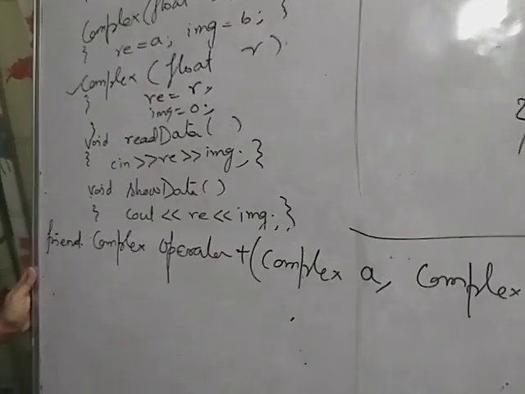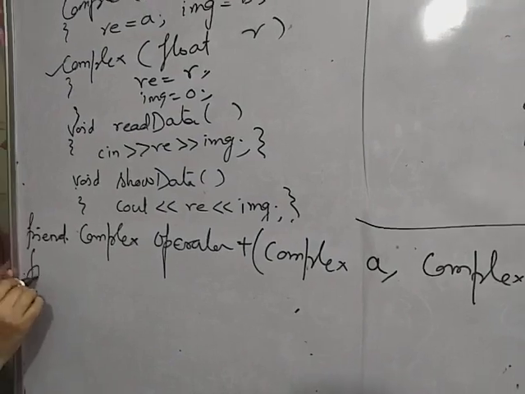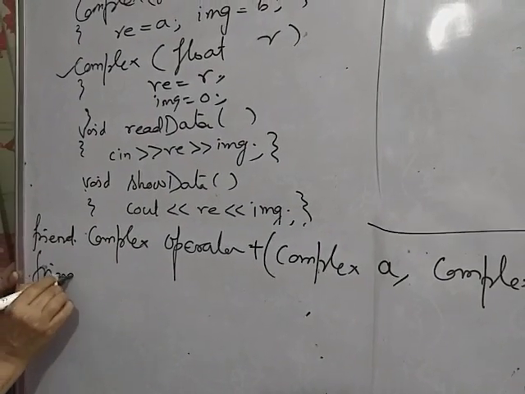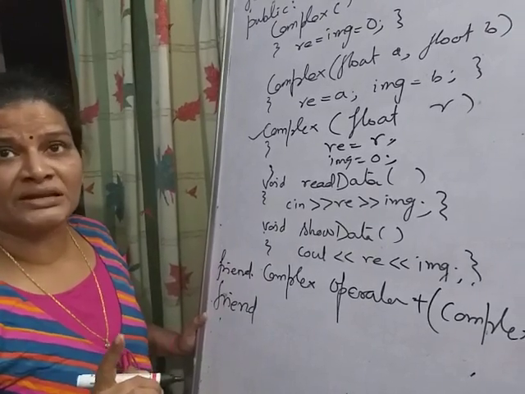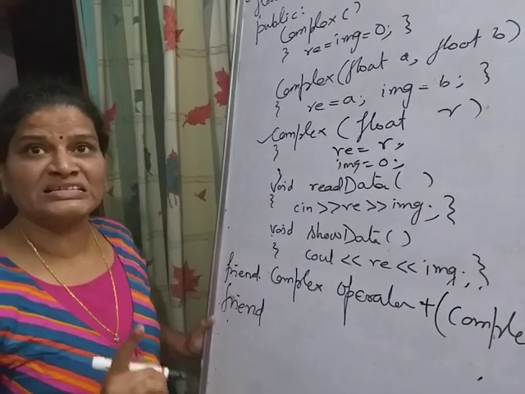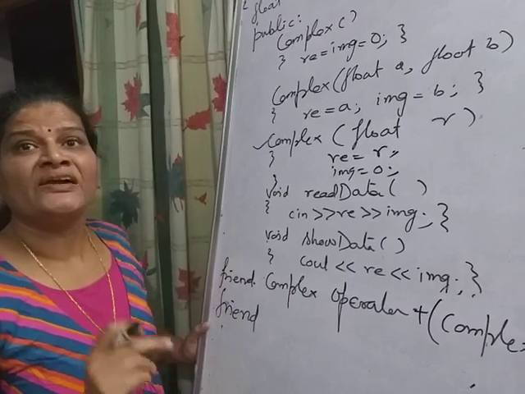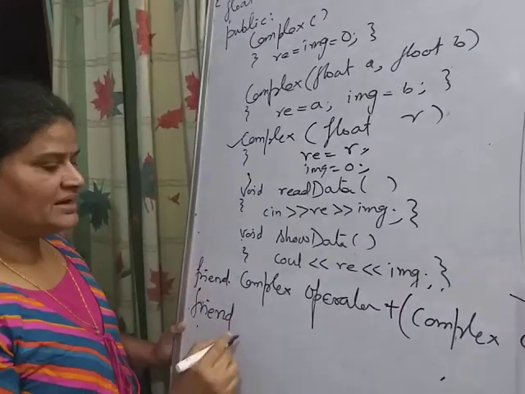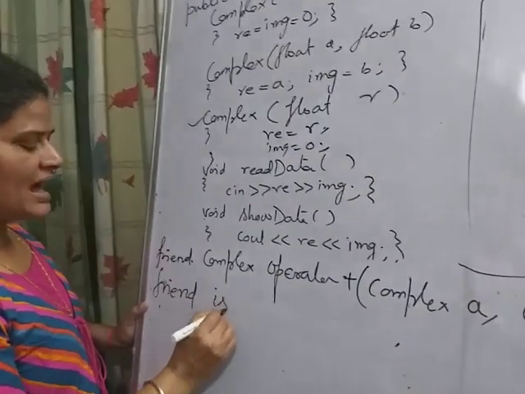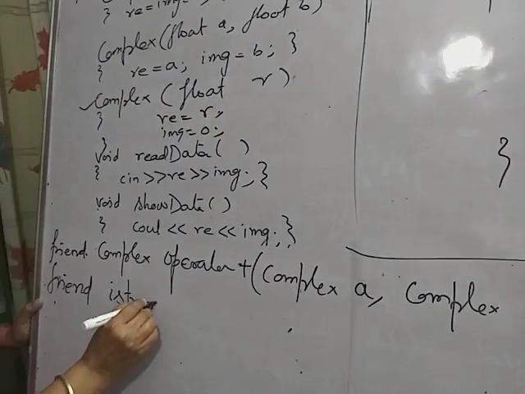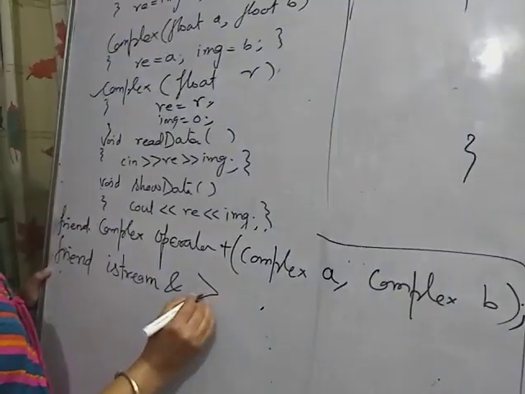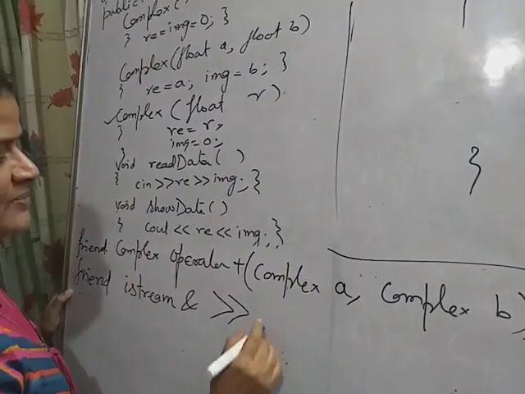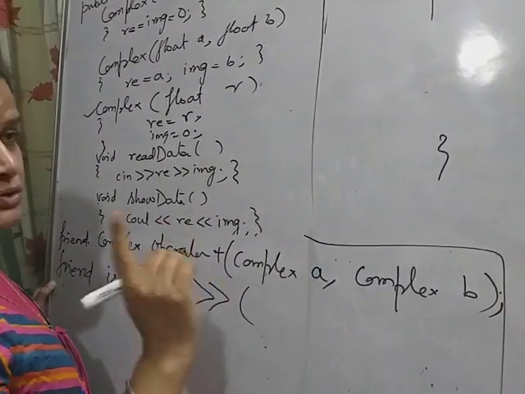Here, to overload the extraction and insertion operators, I will write friend. Always remember that the extraction and insertion operators can always be overloaded using friend function. Friend, and its return type is a reference to istream, then operator extraction, and here it takes two arguments.